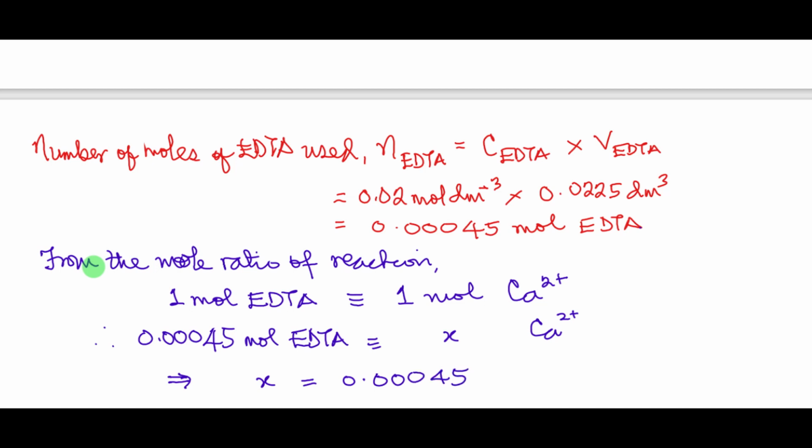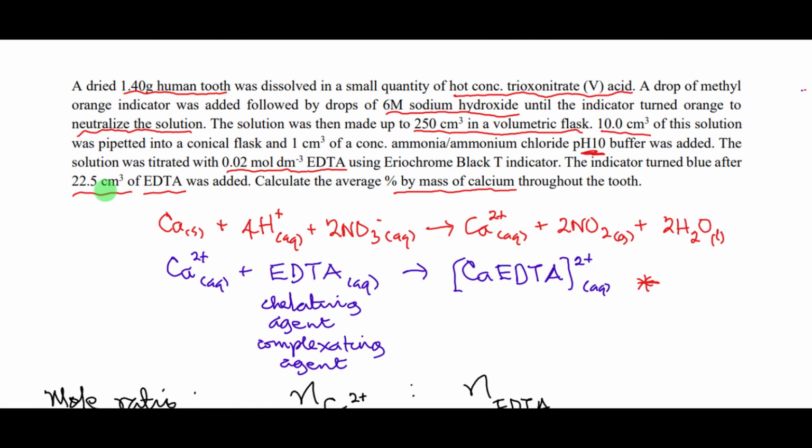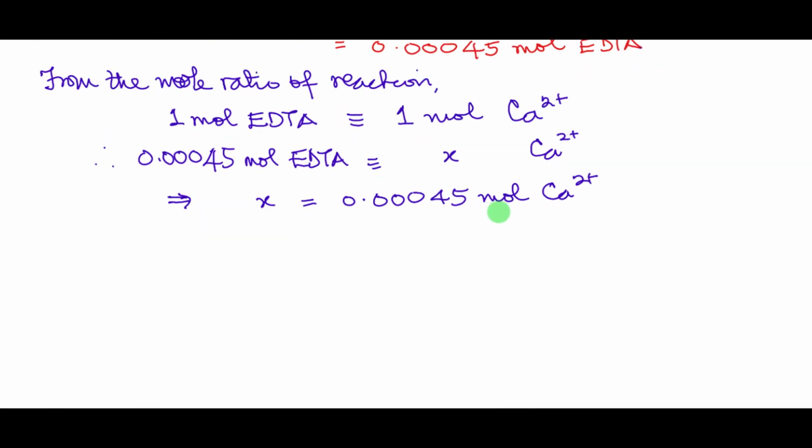0.00045 mole of calcium ion. Remember, the volume of the solution that reacted with the 22.5 cm cube of 0.02 molar EDTA was 10 cm cube, right? Which means that this was the amount of calcium ion present in that 10 cm cube.